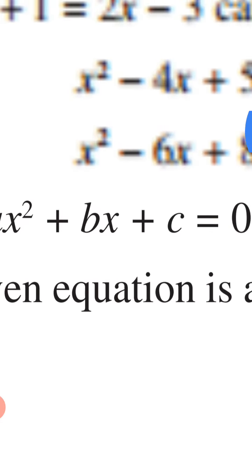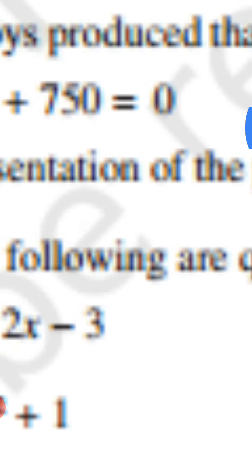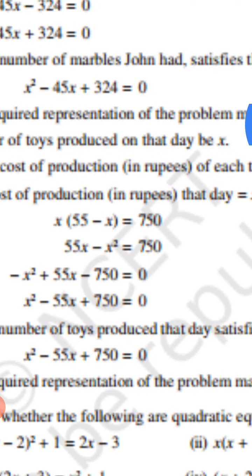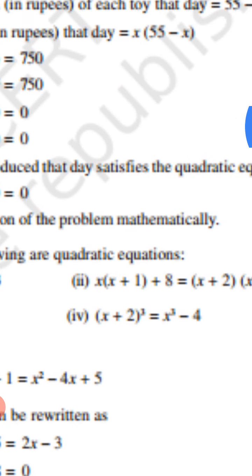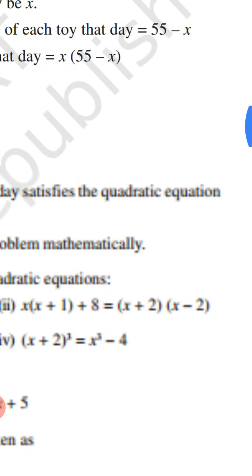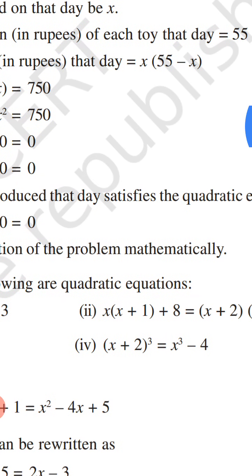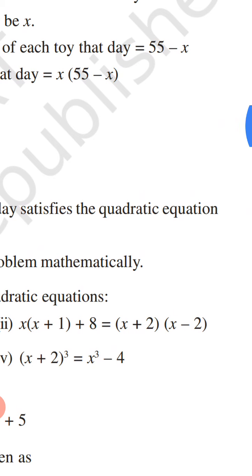Next, we have to check by simplifying the equation whether the equation is quadratic or not. So next you have to see here, by solving you can do x into x plus 1 plus 8, x plus 2 into x is equal to x plus 2 into x minus 2.